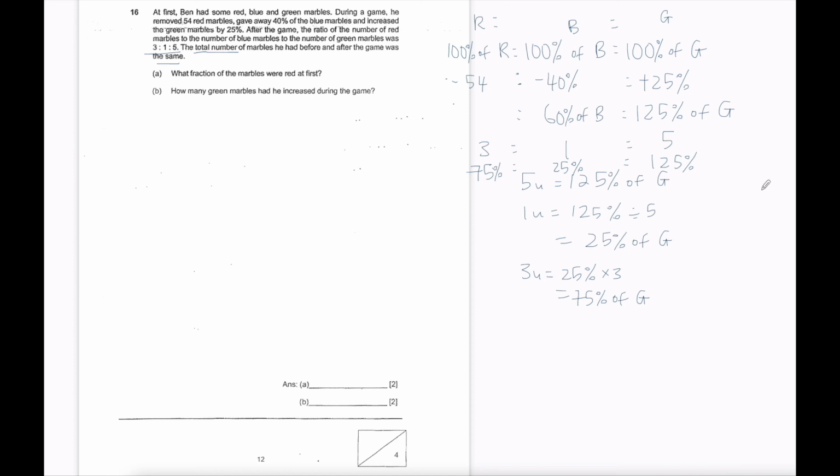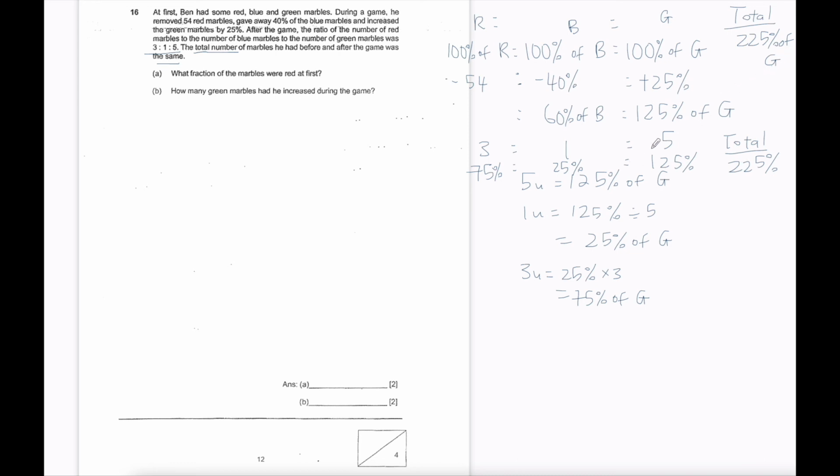Okay, so what's the total percentage? It's 125 plus 25 plus 75, which is 225%. Okay, so that means at the beginning, there's also 225% of green. Okay, got it? So all these percentages here, here, and here, they're all in terms of green.